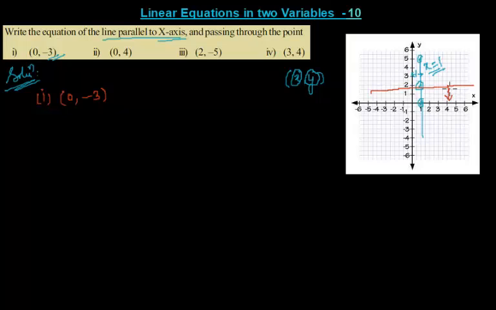That means this distance should always be the same. Though the x coordinate is different, the y coordinate always should be same because y coordinate indicates the distance from x-axis.